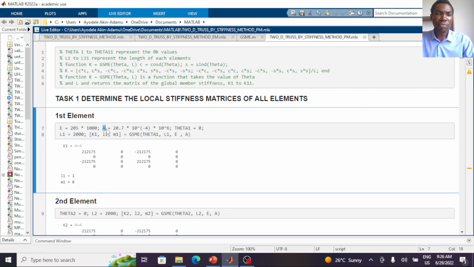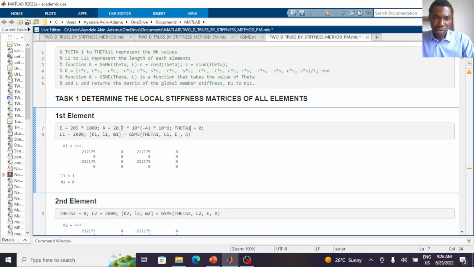The A is denoting the cross-sectional area of the truss element. So the A is 20.7 times 10 to the power minus 4 meter square. But because I'm using millimeter, I have to convert the meter square to millimeter square. So that's why I multiply by 10 to the power 6. So this A is in millimeter square.